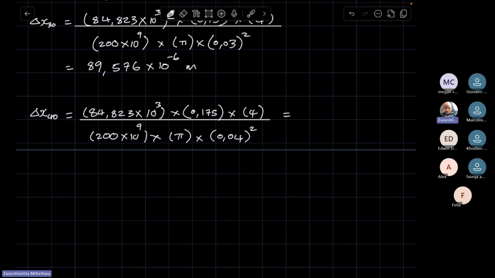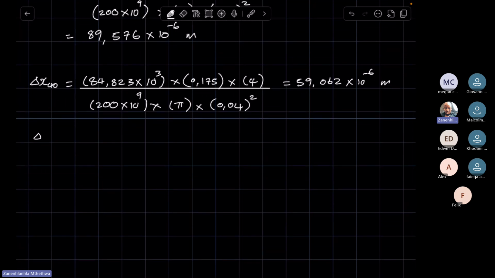So press engineering notation again until it's times 10 to the negative 6. It's 59,062 times 10 to the negative 6 meters.